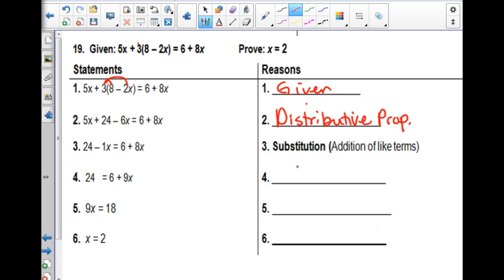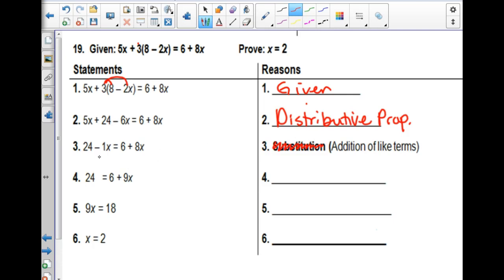Okay, now what happened to get, I don't like, we are not using substitution. They added like terms. They did 5x minus 6x and got negative 1x. So 24 minus 1x equals 6 plus 8x by addition of like terms.